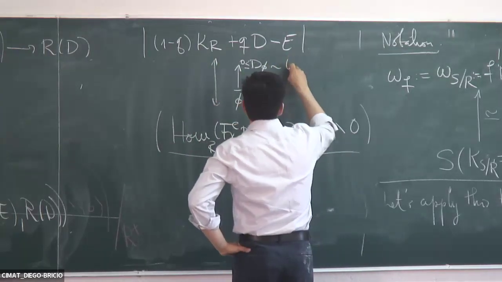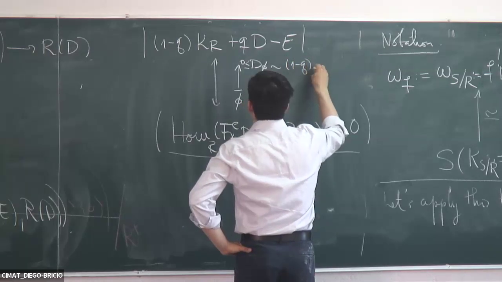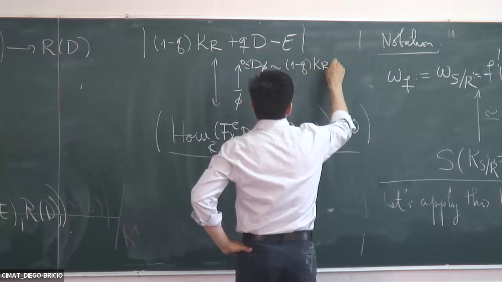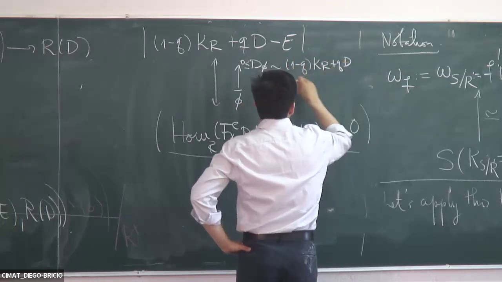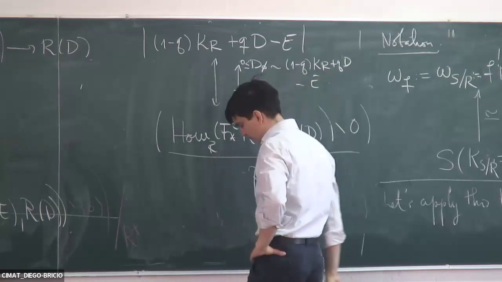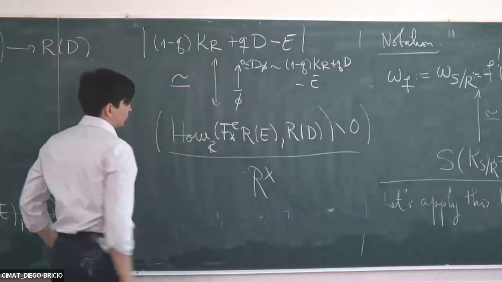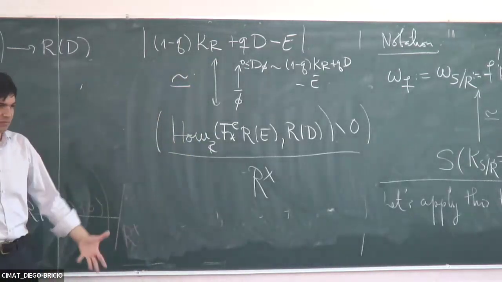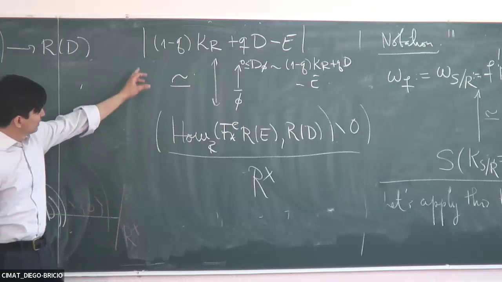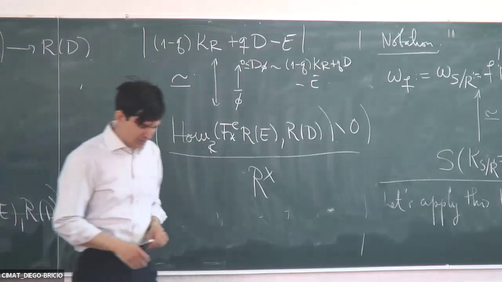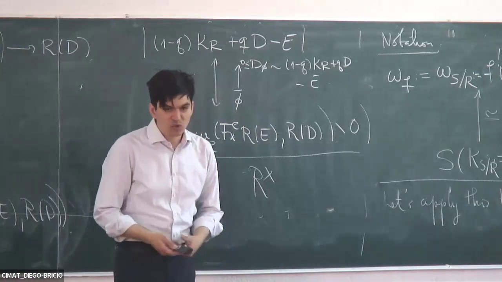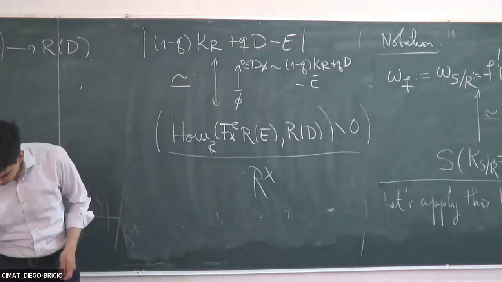So I'm going to write it down as 1 minus q kr plus qb minus e. And so phi goes to d phi, and this is a bijection of sets, just sets. Okay. And you may be thinking, okay, so what? Who cares?